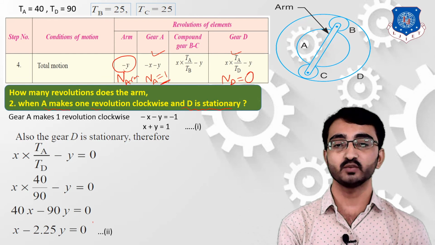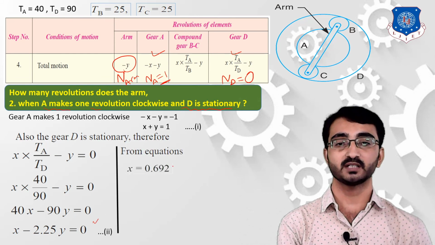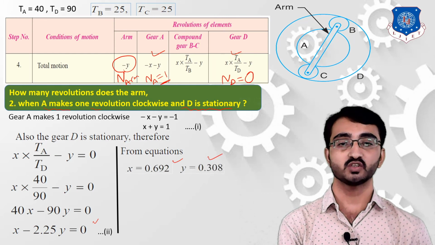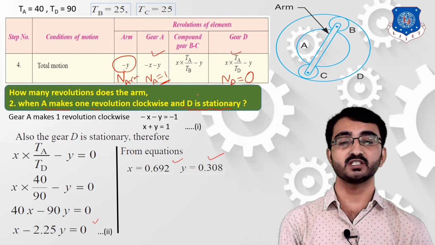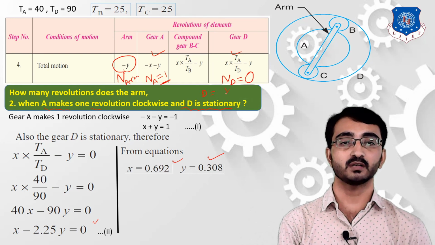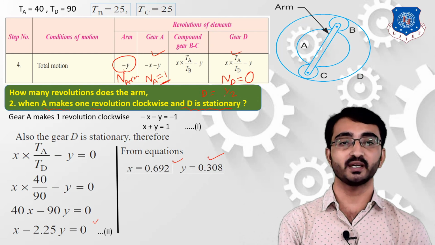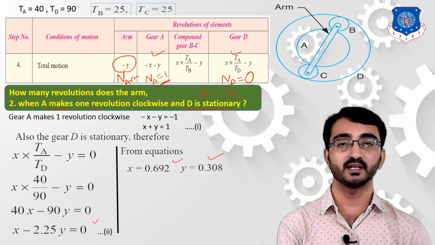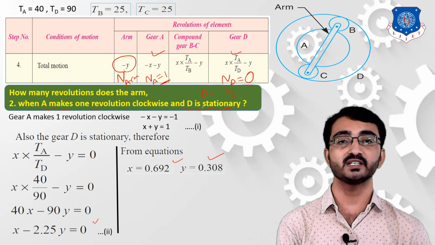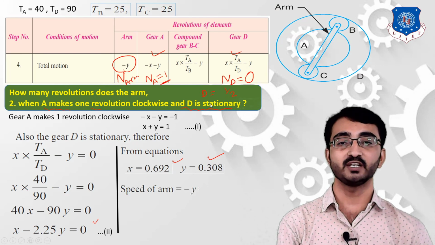Now by using the first and second equations, we can solve for x and y. In the previous data they had given that D is rotating half revolution in anti-clockwise direction, but over here they have mentioned that gear D is stationary. So by simply putting this condition, we will get the value of x and y.